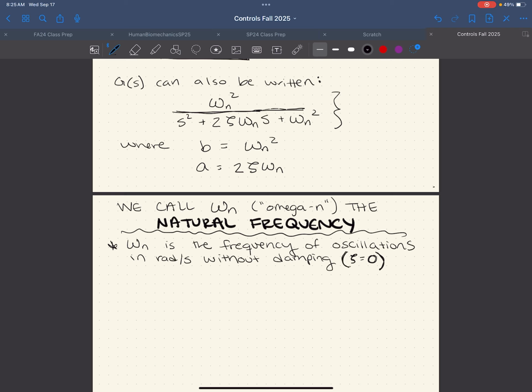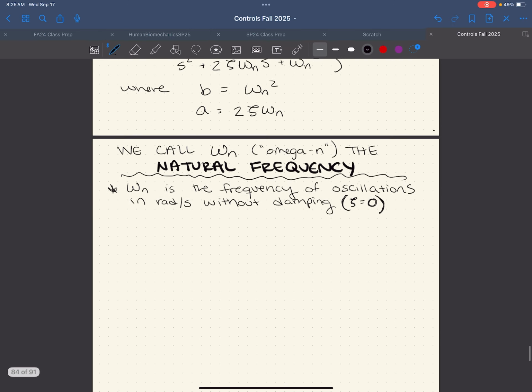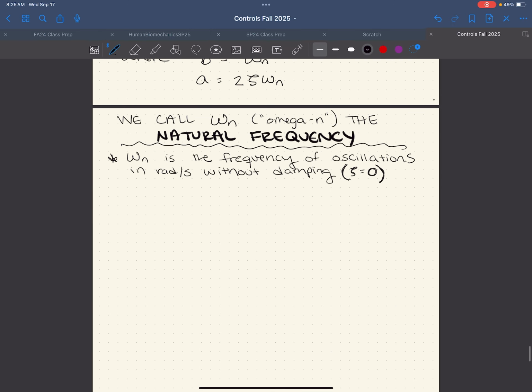So if you think about a perfect pendulum that has no wind resistance, no friction, none of those sources of damping, and we take that pendulum and release it from some non-zero initial condition, this is the frequency that pendulum is going to oscillate at. That will be the natural frequency of the pendulum.